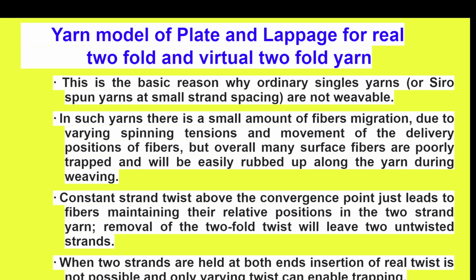Constant strand twist above the convergence point just leads to fibers maintaining their relative positions in the two strand yarn. Removal of the two-fold twist will leave untwisted strands. When two strands are held at both ends, insertion of real twist is not possible and only varying twist can enable trapping.